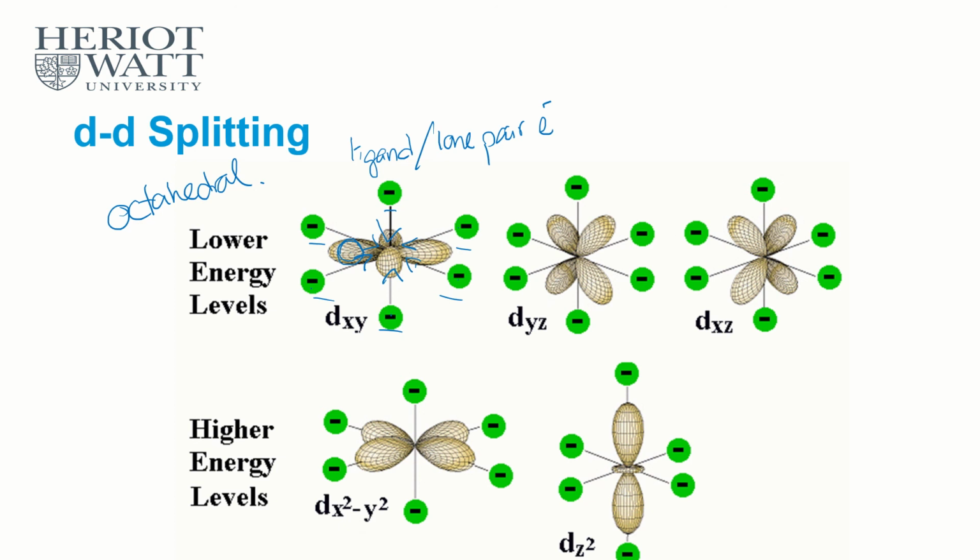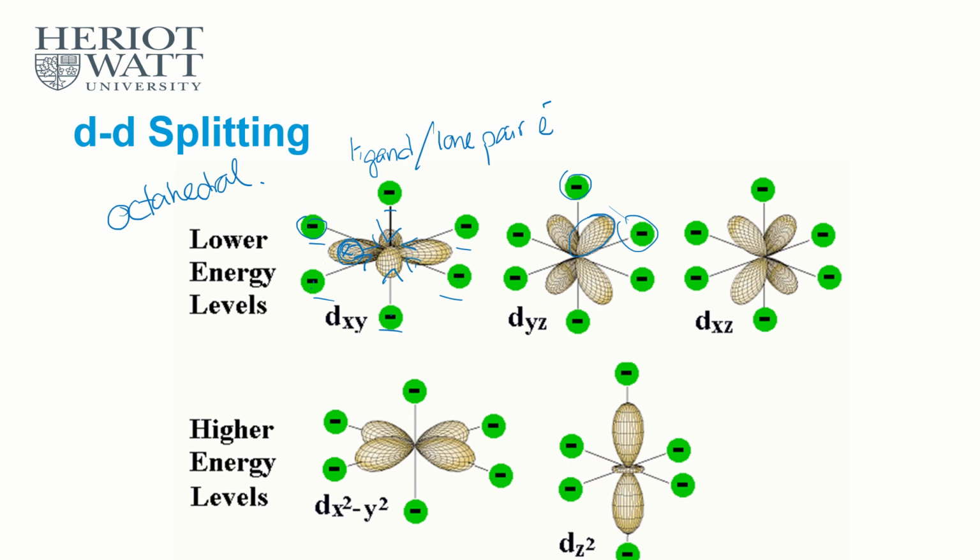The answer is no. The electrons in the orbital exist between the two ligands, so there is no head-on repulsion. Same goes for this one, and this one. These three have no repulsions with the lone pair from the ligand, which means they experience lower or no repulsion. Therefore, they have lower energy levels.